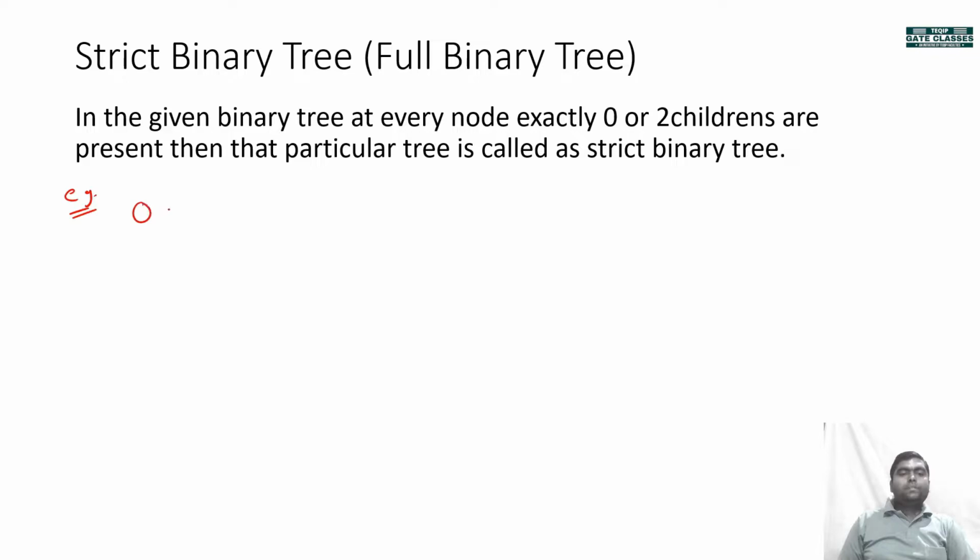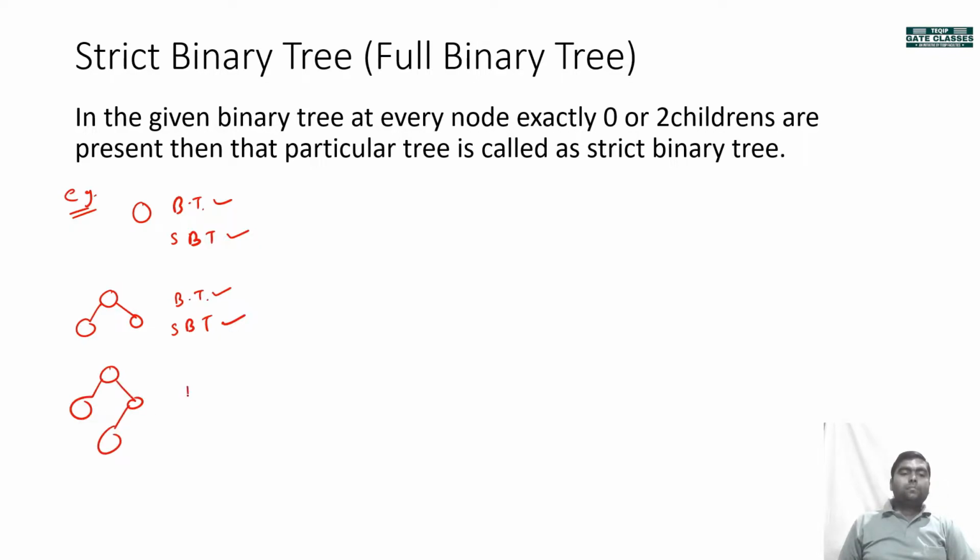For example, this is a binary tree, as well as a strict binary tree. Okay, now take some other example. Say I am taking this one. This is a binary tree as well as a strict binary tree. Now take this one, whether it is applicable or not, like this.